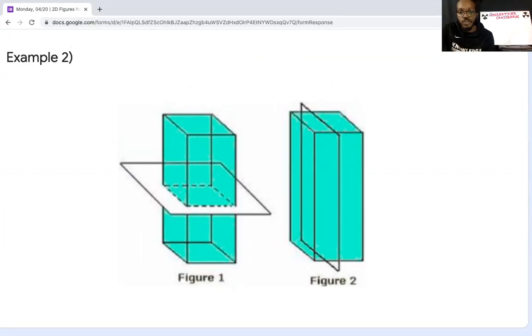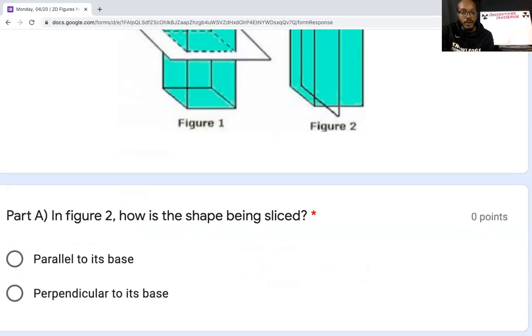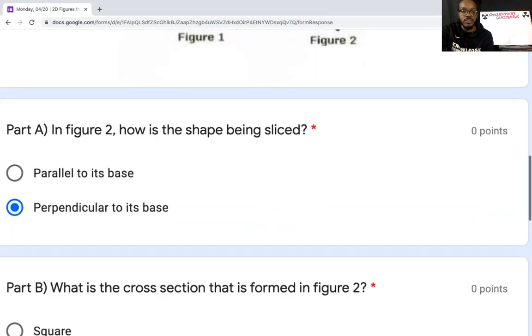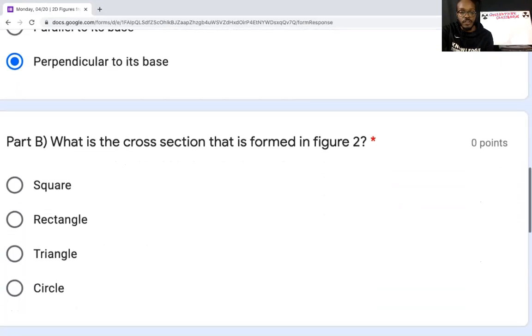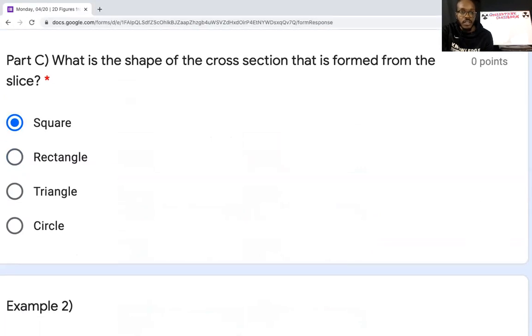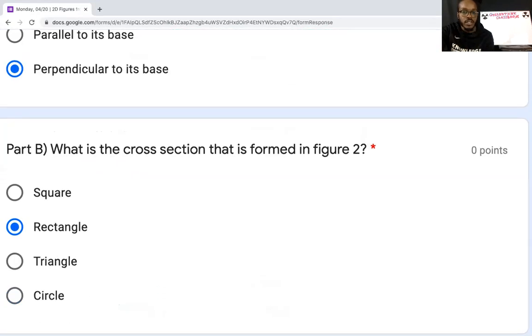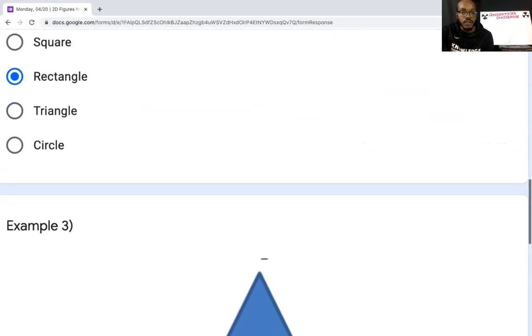And figure 2 shows when we cut it perpendicular to the base, which means that we're cutting into the base now, whereas before we would never intersect with the base. In figure 2, how is the shape being sliced perpendicular to its base? What is the cross section that's being formed? This is definitely a rectangle. Even still, for the purpose of this question, I'm going to say that the first shape that's being cut is a square, so that you can see the difference that figure 2 is cutting a rectangle.